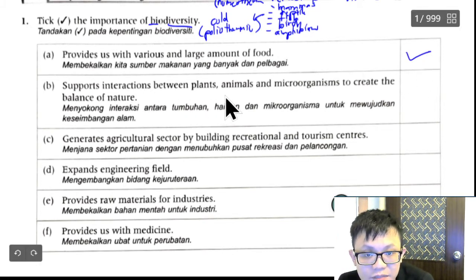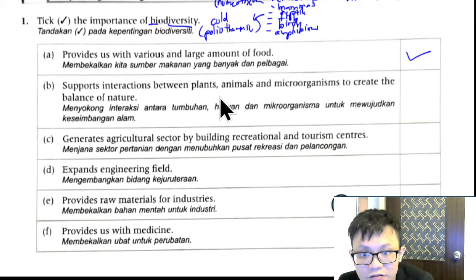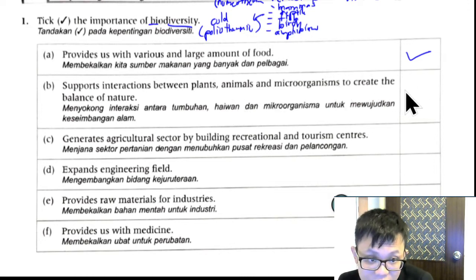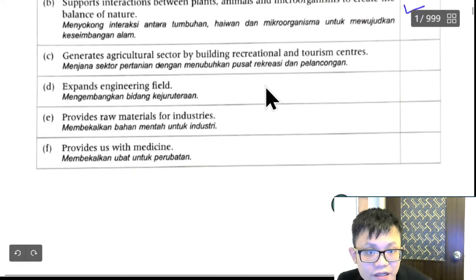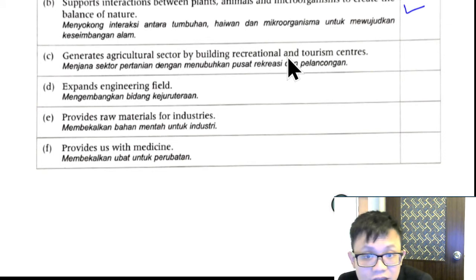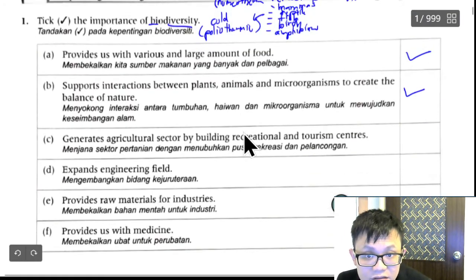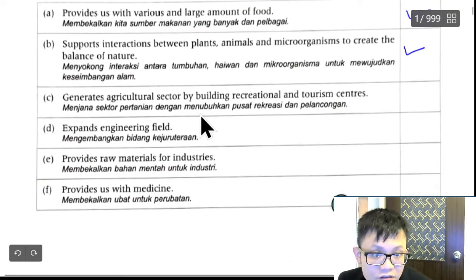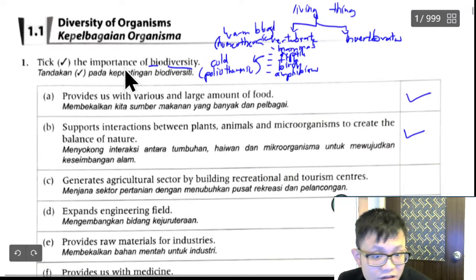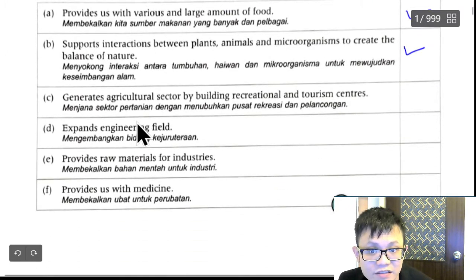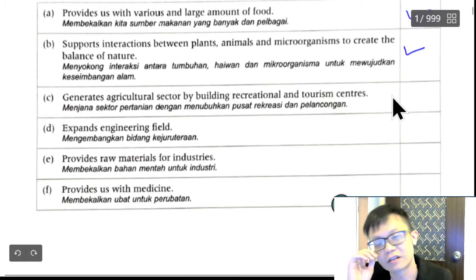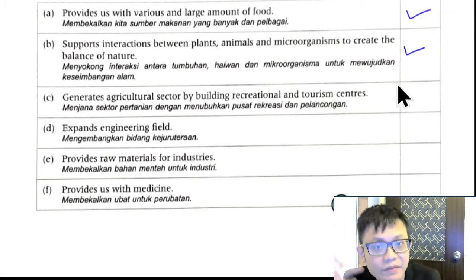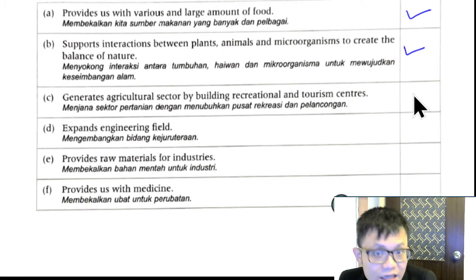Support interaction between plant, animal, and microbiome to create a balanced nature, yes. Generate agriculture by building recreation and tourism center. So this one is good, but it's not the importance of biodiversity. The importance of biodiversity is not for tourists. Of course, we can do it as tourists or not. Right? People come and see the zoo, people come and see the forest, and so on.